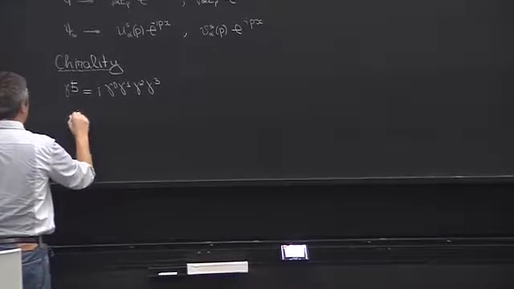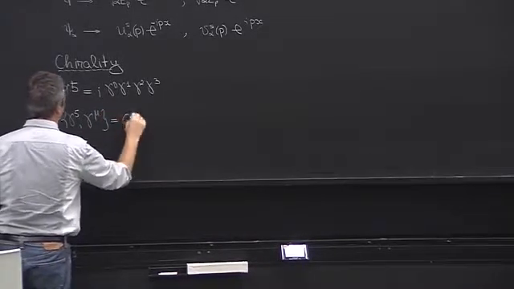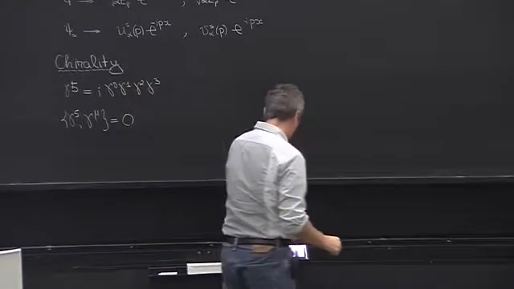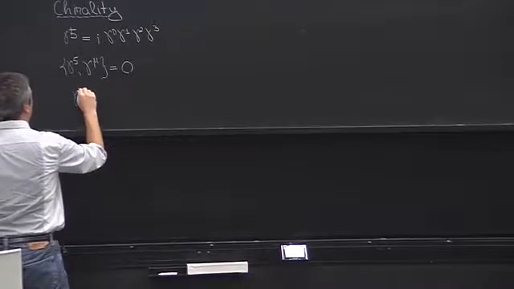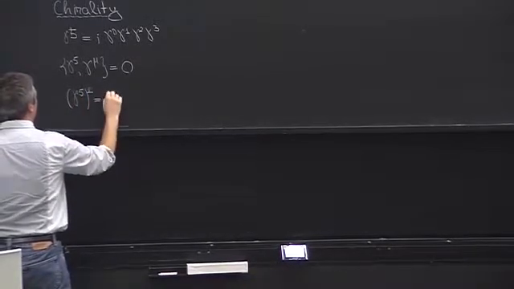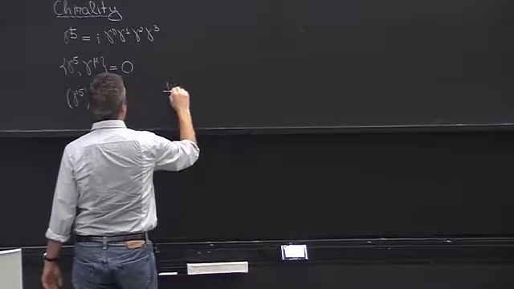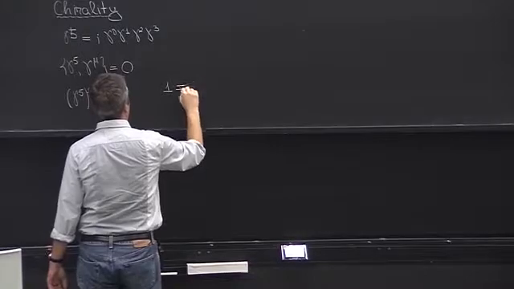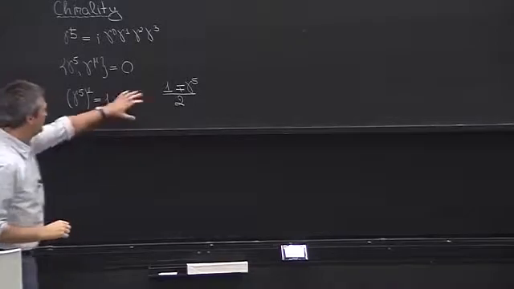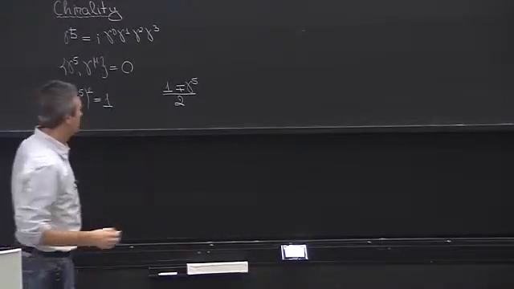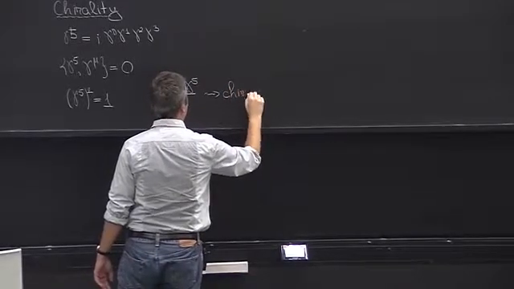It anticommutes with all other Dirac matrices, and it squares to 1. So if you take this combination, it will behave as a projector, and this is what we call chiral projectors.